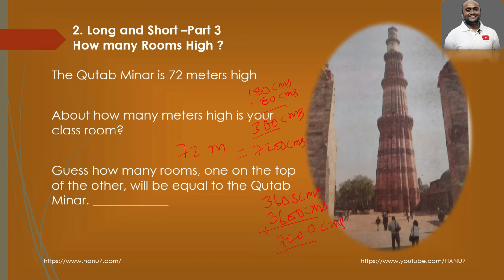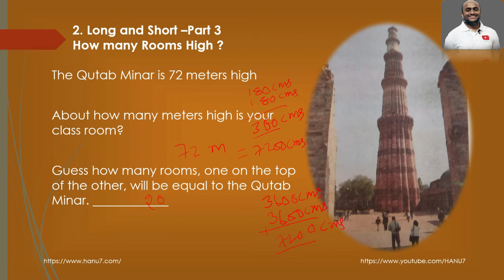So how many rooms are there in the Qutub Minar? If you guess, it will be 20. So guess how many rooms one on the top of the other will be equal to the Qutub Minar. So it will be 20.